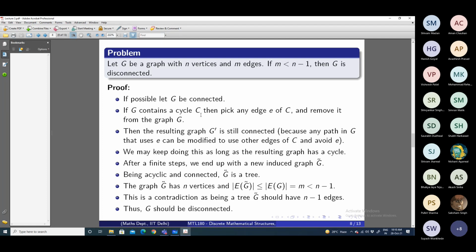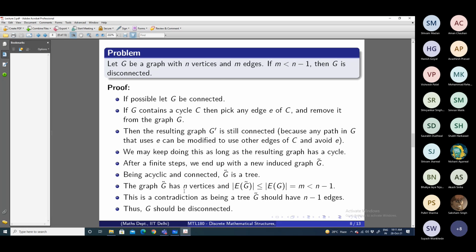Then we will not have the cycle, but still the graph will be connected. We keep doing this until we have no cycle. Since we are dealing with finite graphs, after a finite number of steps we end up with a subgraph G tilde, where G tilde does not have any cycle. Being acyclic and connected, G tilde must be a tree.